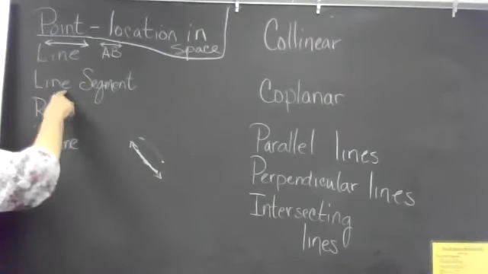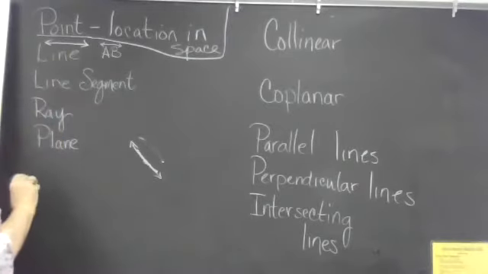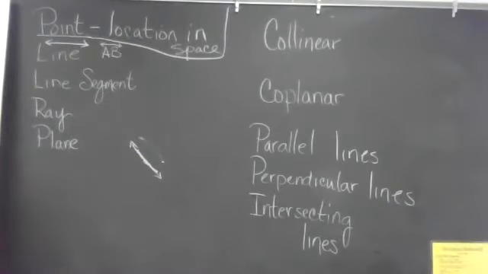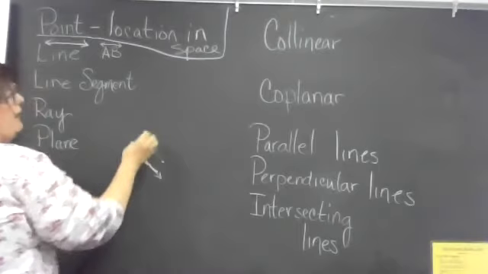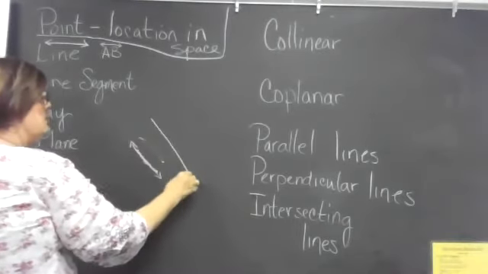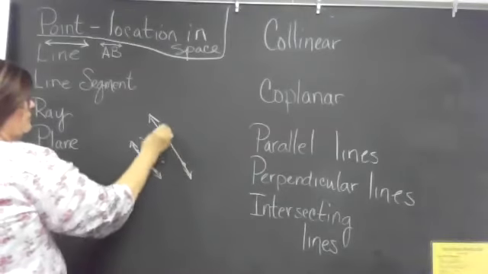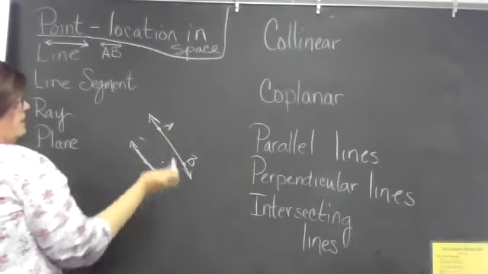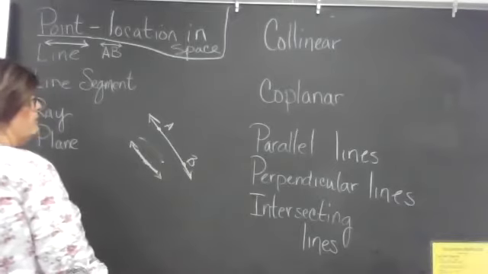Now, a line segment follows the exact same definition here, except a line segment does not go indefinitely. It's a piece of a line, a definite piece of a line. So here is the line, this is line AB, because it goes through point A and point B, but it indicates that it continues on and on forever.